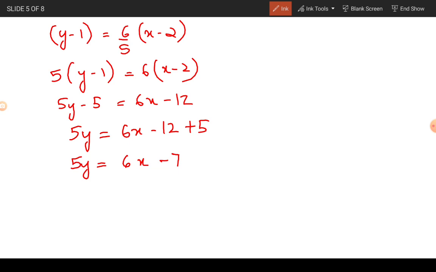Okay, I can convert it into the slope intercept form, that is y equals mx plus c, y equals 6/5 x minus 7/5.